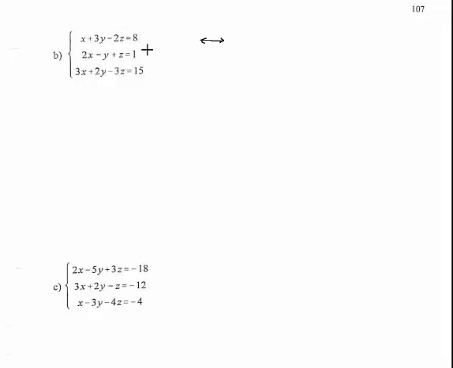And we want to do that for both the second and the third. Alright, the easiest way to do that is to use the first equation, because we have a 1 in front of this x, so we can easily change it to a -2 or a -3 to get rid of these x terms in the bottom two equations.